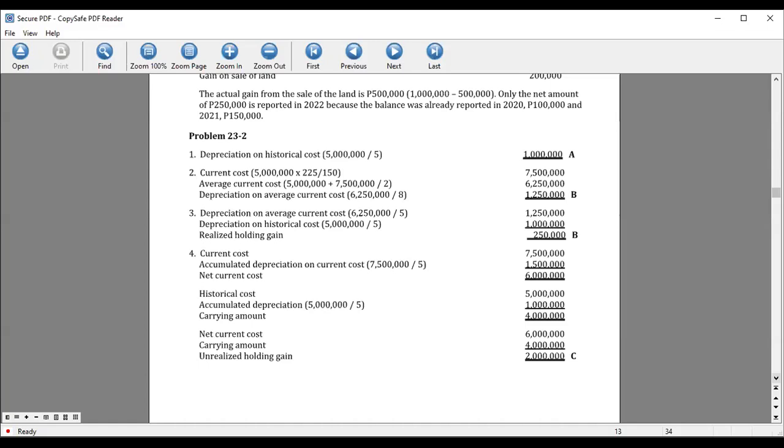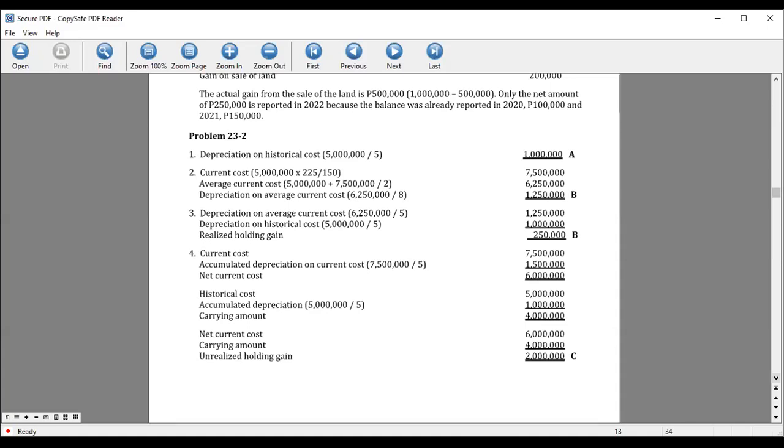What is the unrealized holding gain on the equipment to be reported in 2020? We have the current cost of 7.5 million, the accumulated depreciation thereon computed by dividing by 5 is 1.5 million, so we have the net current cost of 6 million. Based on historical cost, we have 5 million minus the depreciation based on historical cost of 1 million, so we have only 4 million.